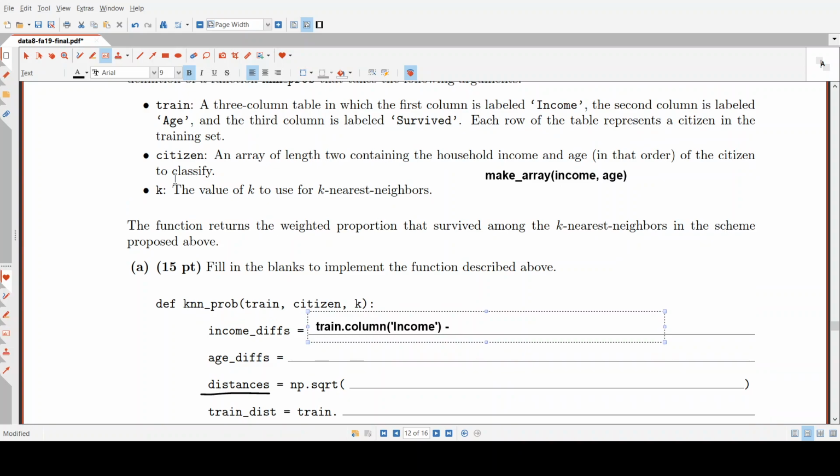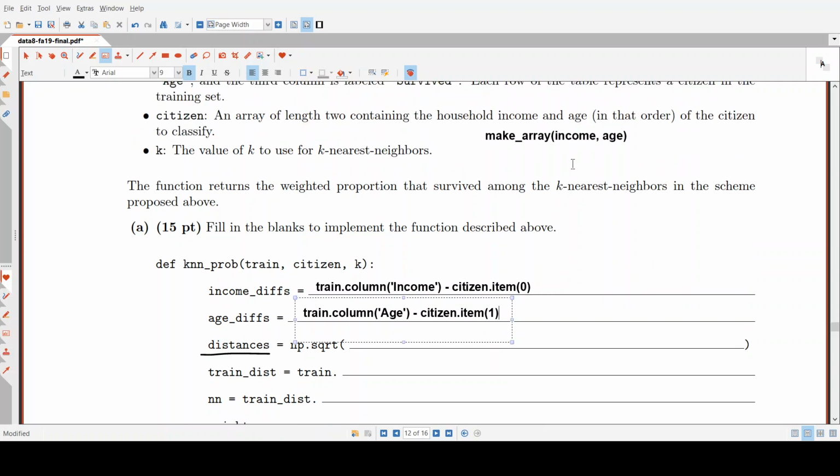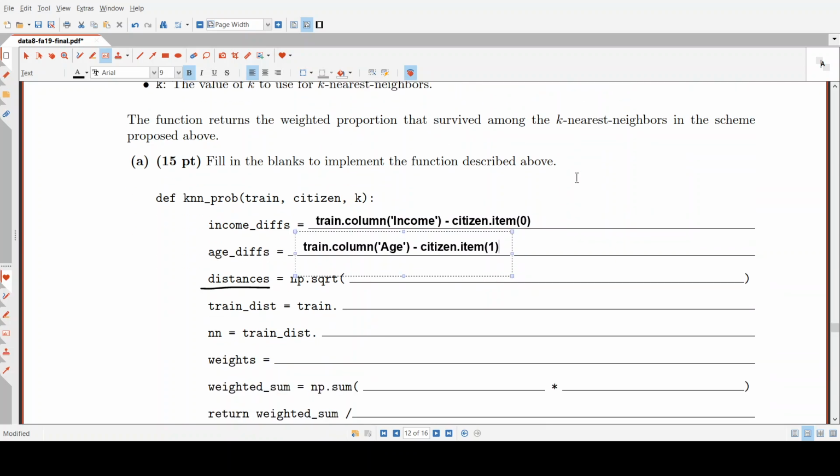Citizen is an array with 2 things, and income is the first thing, so we can say citizen.item of 0. Then the second line is age diffs. We do a very similar process. To get the ages of everyone in the training set, we do train.column of age, and we subtract out the citizen's age, which would be citizen.item of 1, because remember that age is the second item in the array.